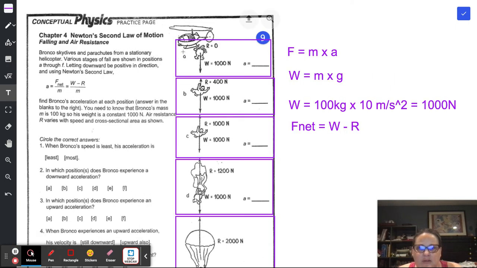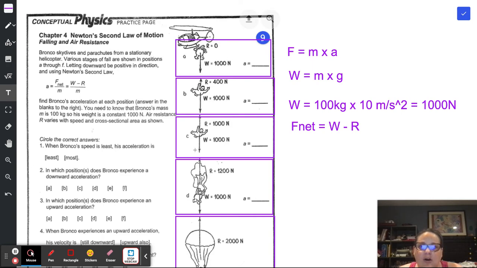Right. For each section, I went ahead and boxed it so that it's easy to see what numbers go together. So this is A, B, C, D, E, and F. Starting with A, before we can figure out if we're accelerating or what the acceleration is, we need to know the net force. So net force is the total force added together.